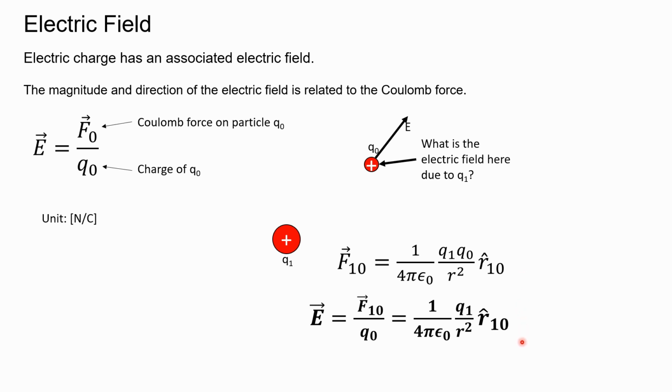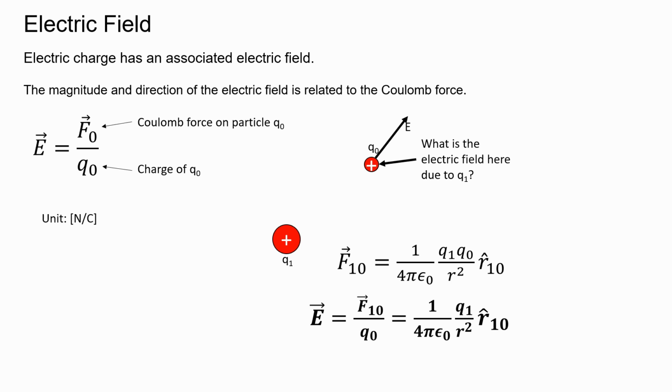And then if I want to calculate the electric field from this, I just use this equation that is given. The electric field is going to be given by this Coulombic force divided by the charge of our imaginary particle, and this gives us an electric field of 1 over 4 pi epsilon naught, the charge Q1 divided by the distance squared, and then the unit vector r hat 10.